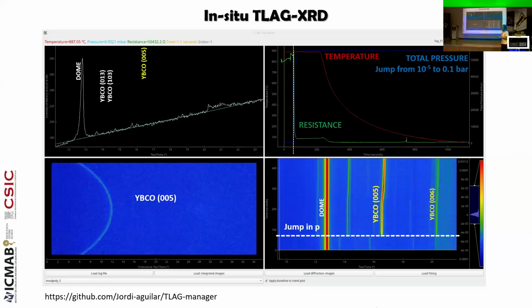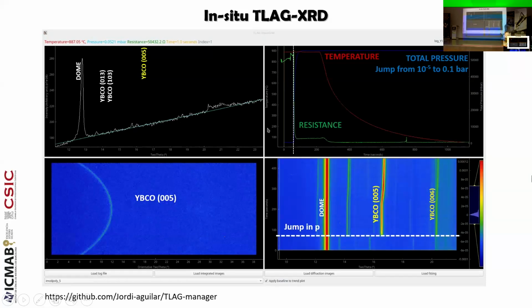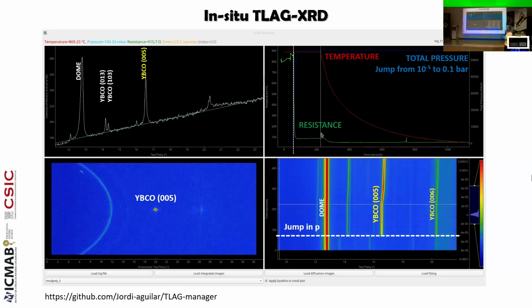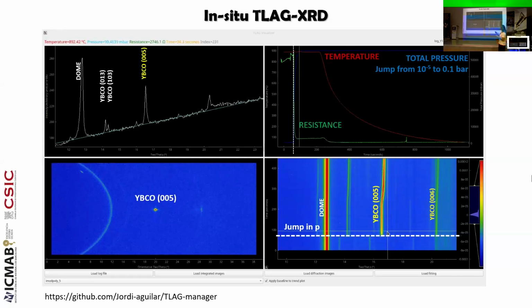So here I just wanted to show you a very short video of how our data looks like. And I'm sorry for this contrast. It's not very well seen maybe, but I will try to explain it. So here, in this part, we can see two-dimensional diffractograms appearing at the speed of 0.1 second per frame, which is time correlated with the information from our setup on temperature in red, pressure in blue, which I cannot even see here, and the resistance in green.